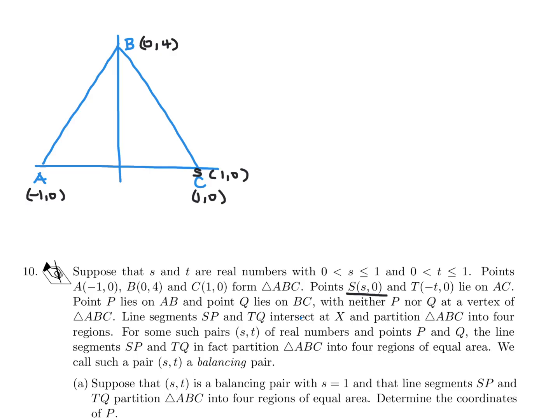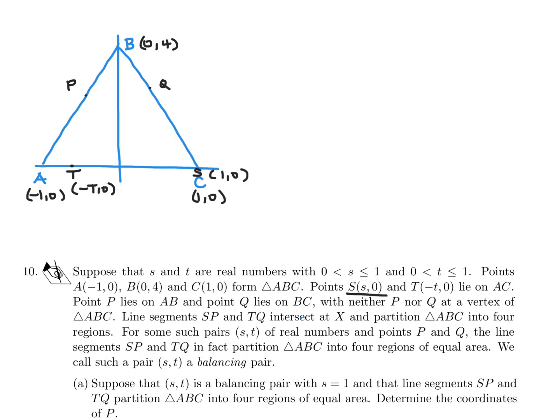They just tell us it's (minus t, 0), and that t is between 0 and 1. So T is somewhere here, and its coordinates are (minus t, 0). And then Q, I have no idea where Q is, so let's just put it up here. And P, same thing, I have no clue where P is, so we're just going to put P somewhere.